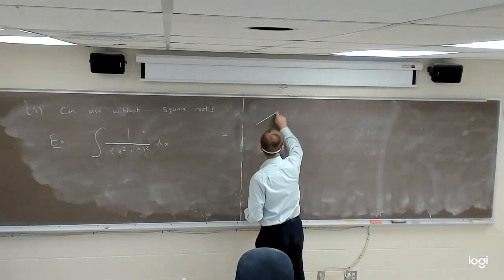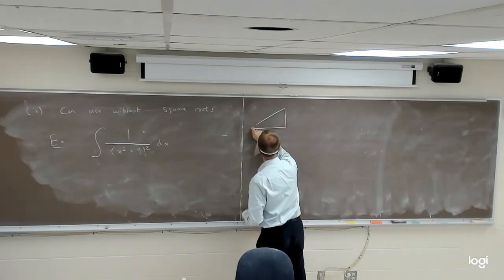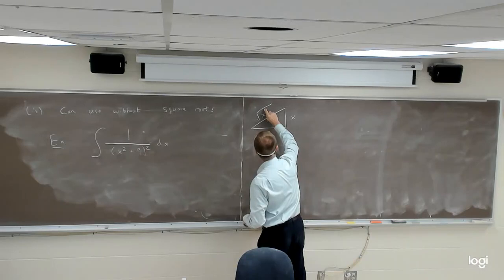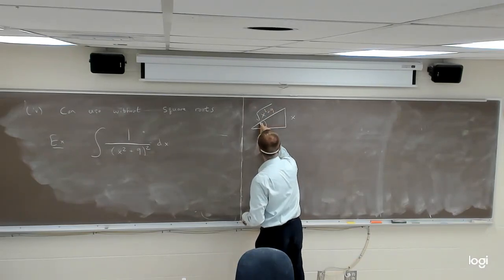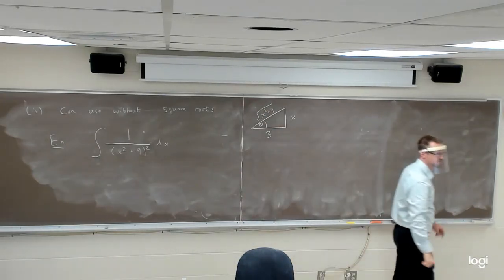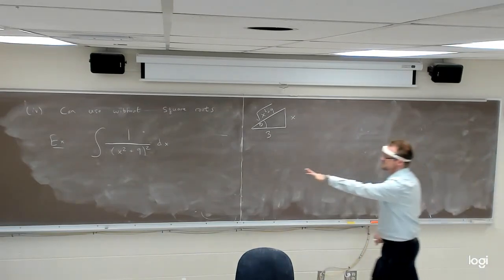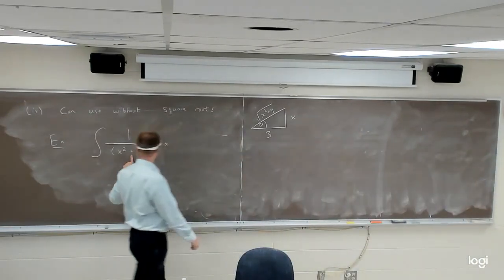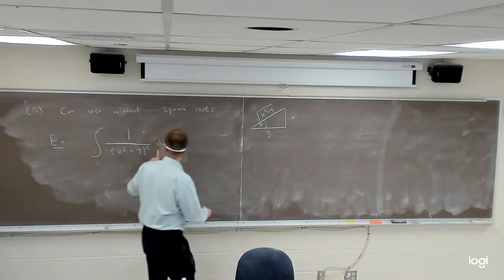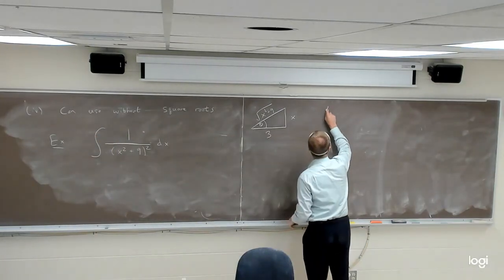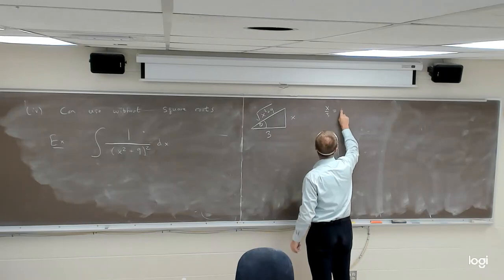So if I think about this triangle, I've drawn triangles very like this for a while now. I think about this triangle, I can still use it to make a substitution in this integral. So x over 3 is the tangent of theta.